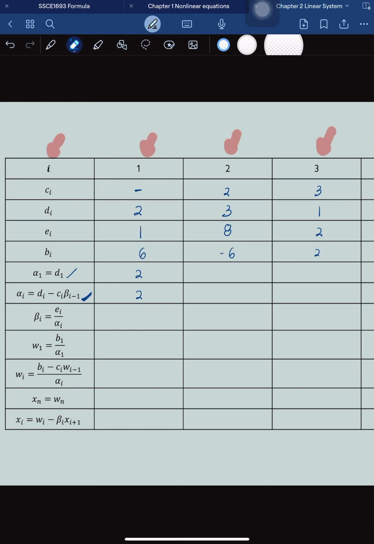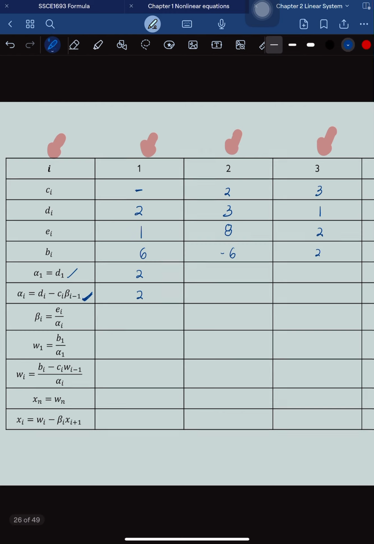So no choice, we need to find the value of beta 1 first. Beta 1 is equal to E1, 1, divided by alpha 1, 2, so 0.5. Now we can find alpha 2, because we needed the value of beta 1.